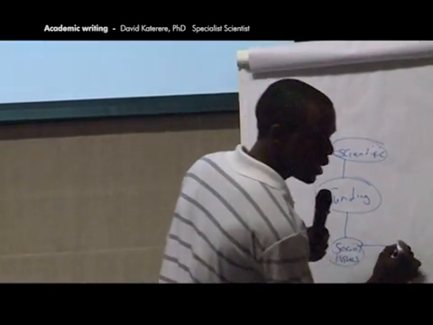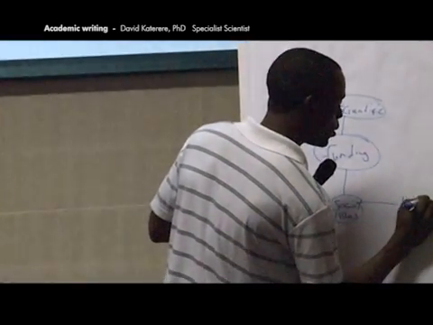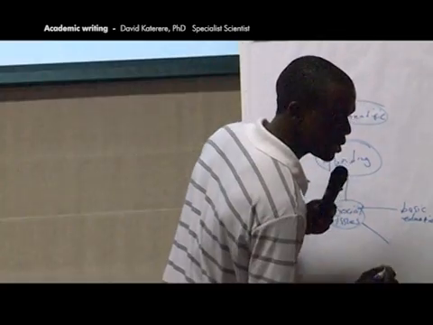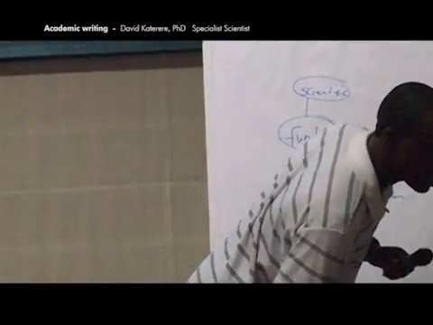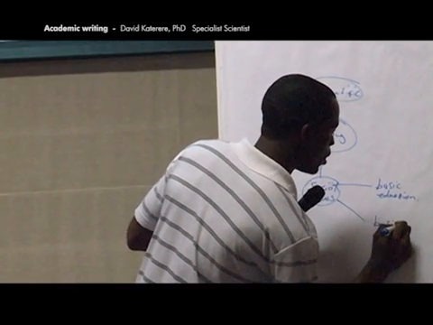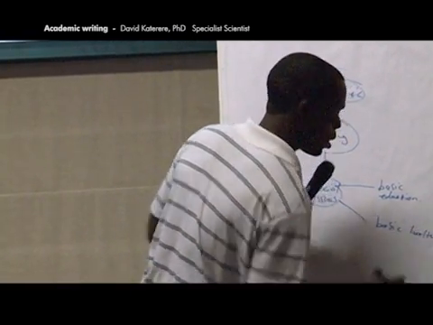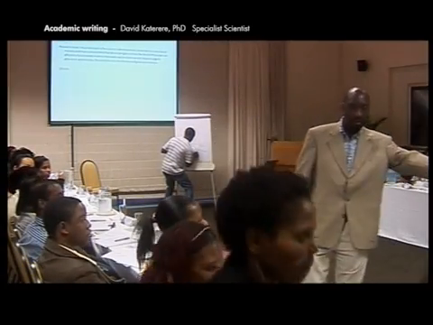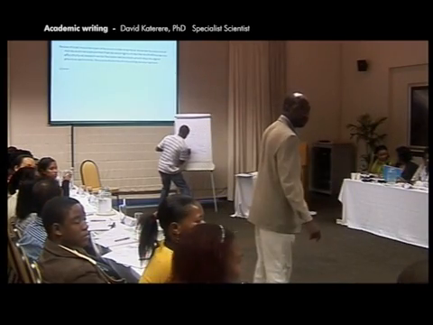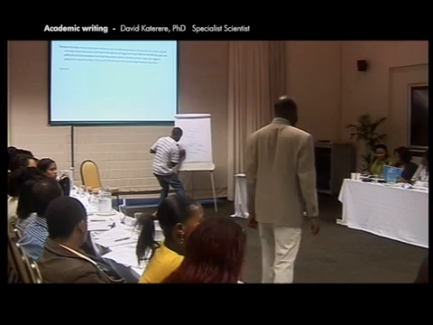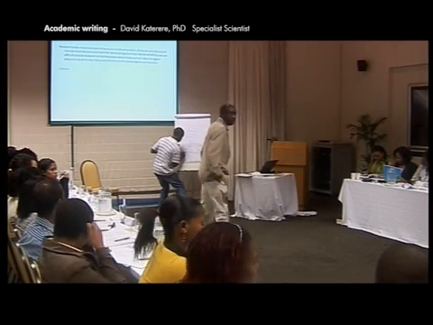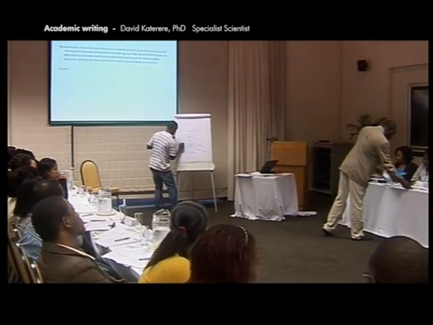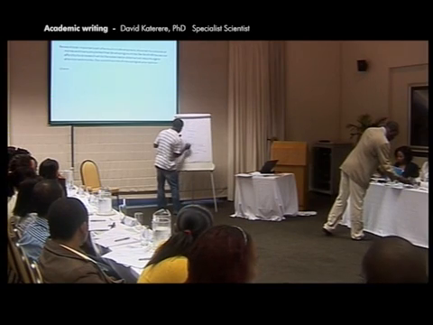Here we had basic education, basic health, job creation, high crime rates, poverty, and social grants.